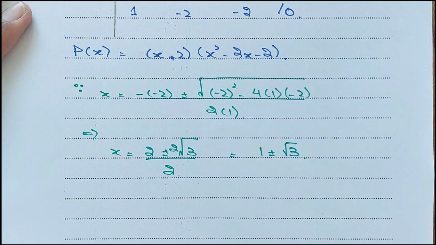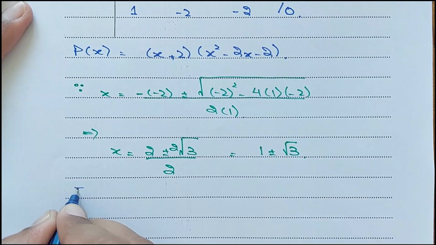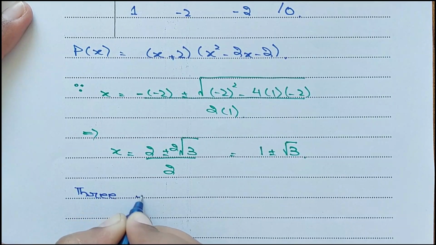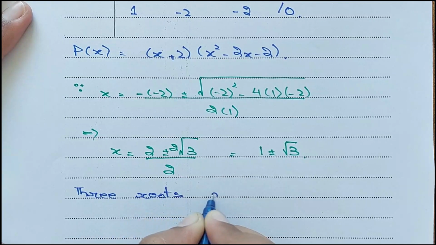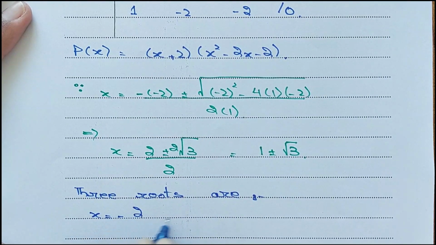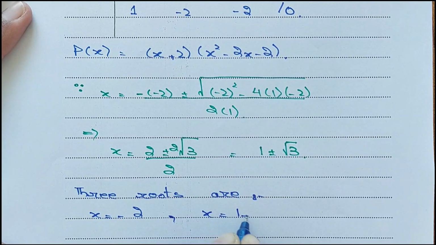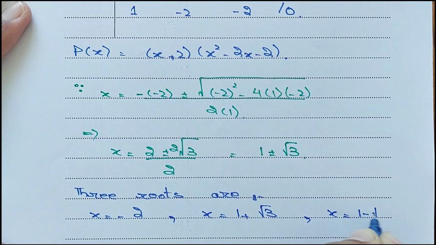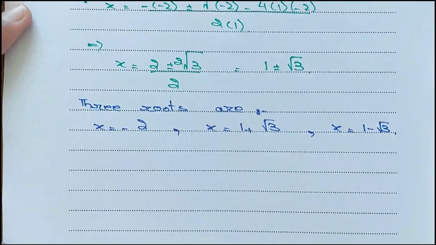Okay, so let me find the 3 roots. So the 3 roots are x equals to minus 2, x is equals to 1 plus square root of 3, and x is equals to 1 minus square root of 3, right?